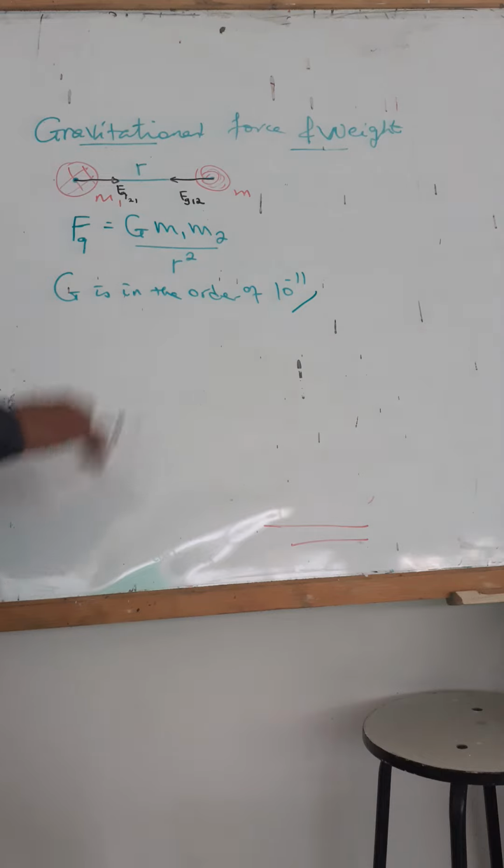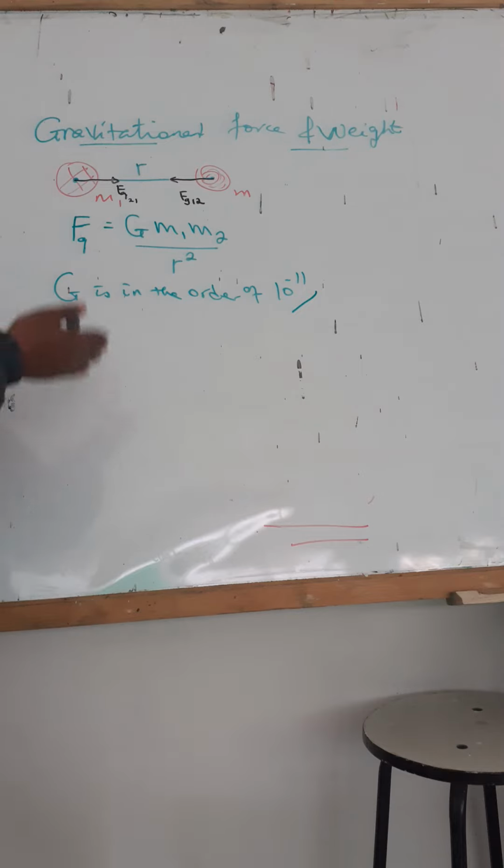Call one action, the other is automatically reaction. These are equal and opposite forces exerted by one on the other, and they always act on two different bodies. But they do not cancel each other because they act on two different bodies. This is what the law says.